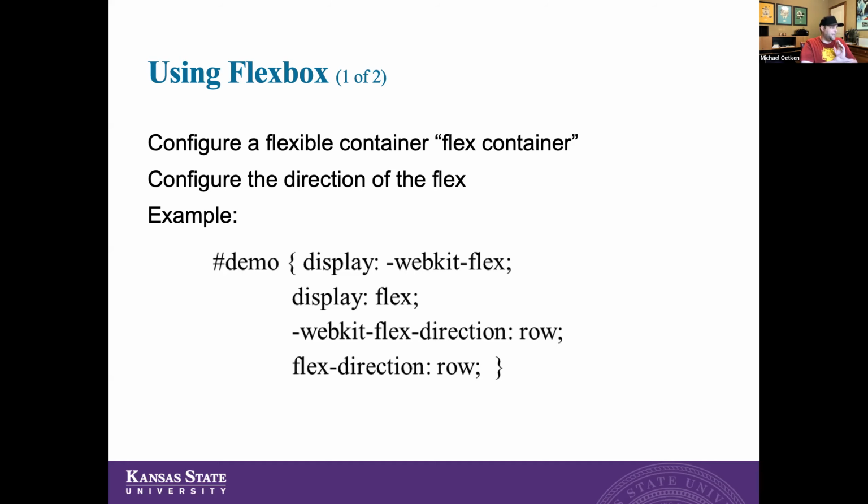We set up an ID selector, put in the WebKit flex, and then display flex. Then we have our different flex directions, like row, and depending on how many rows it has, it can shape and shift in size.